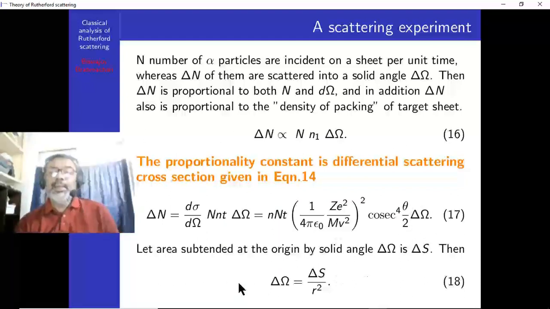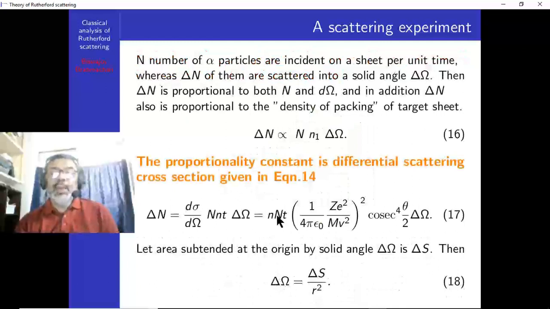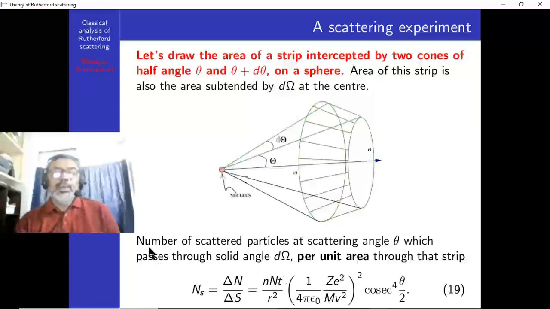Now this dΩ can be written as dS by r². Substituting, the r² will come to the left and dS will go there. So we can write Δn by ΔS, which is the number of scattered particles at scattering angle θ which pass through the solid angle dΩ per unit area.